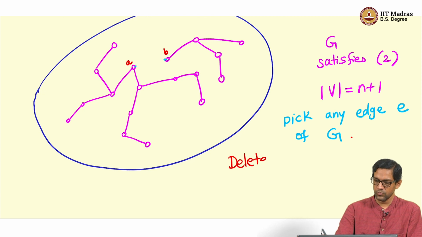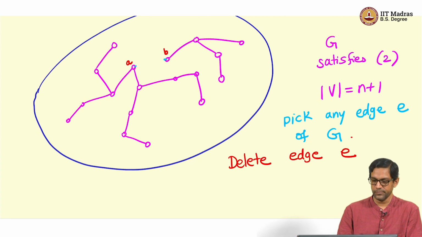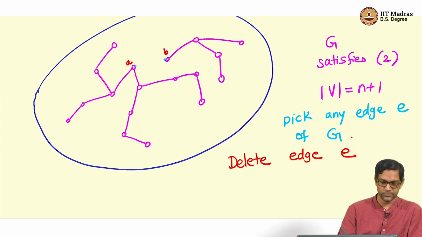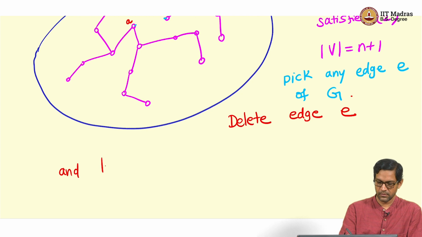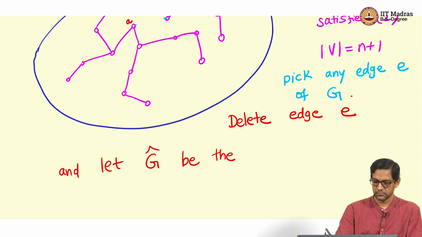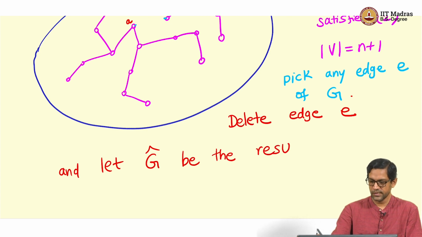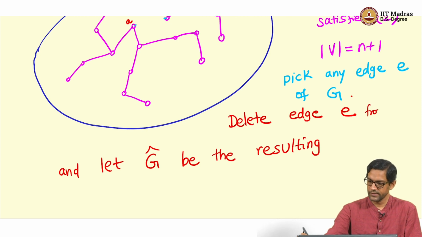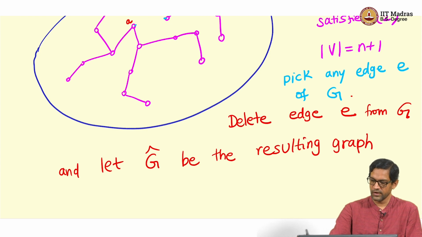and the new graph that I form I will call G hat. Delete the edge E, delete only the edge, do not delete the vertices A and B themselves. Let G hat be the resulting graph. So you delete this edge E from the original graph, and the new graph that you get, let us call it G hat.